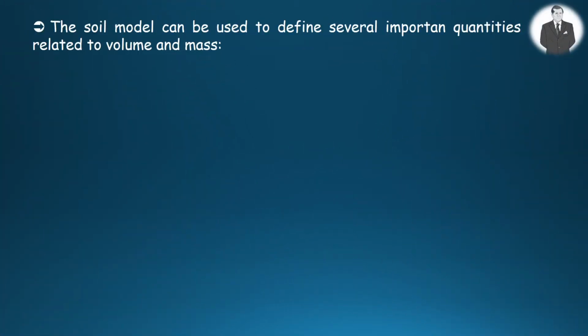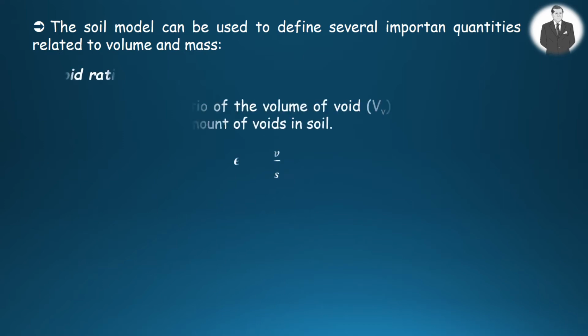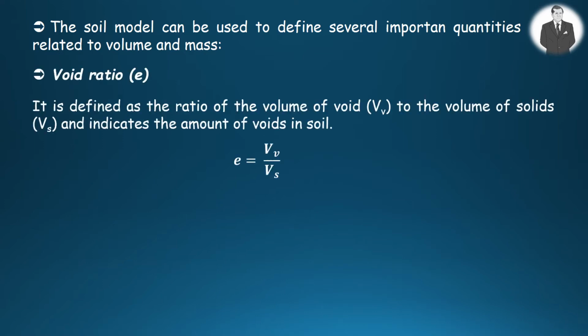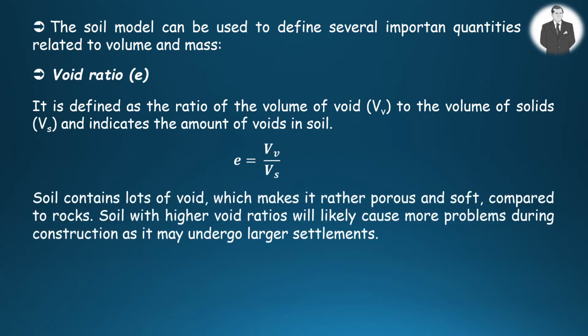The soil model can be utilized to define several important quantities with respect to volume and mass. Void ratio is defined as the ratio of the volume of void to the volume of solids and shows the amount of voids in soil mass.